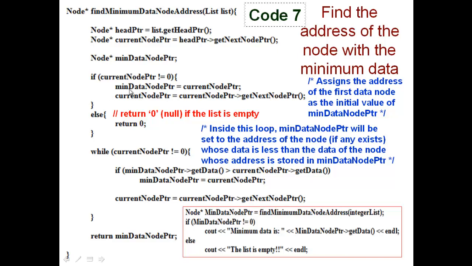The min data node pointer will be storing the address of that element, because that's what you accomplish by making the min data node pointer take up the address of the first data node. Okay, and so everything will still be okay. You just simply come out of the loop and say return min data node pointer.